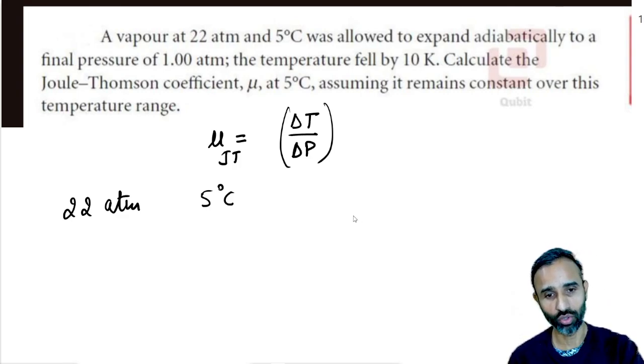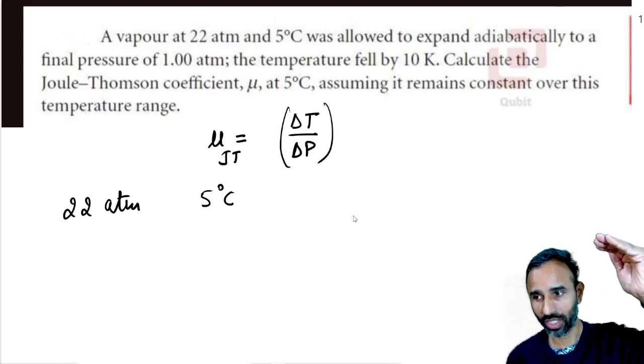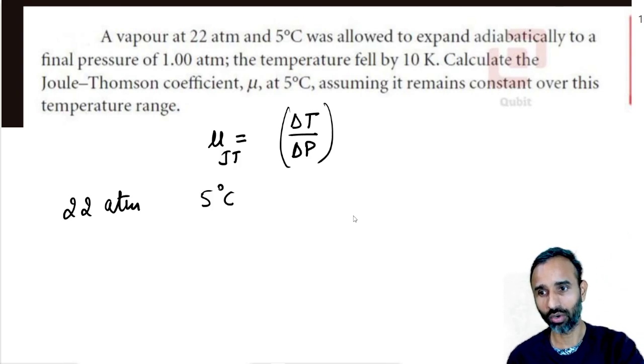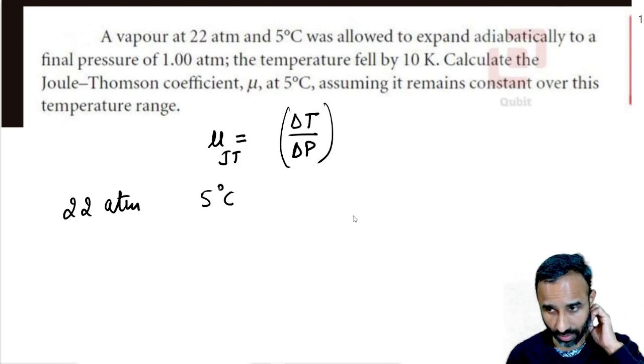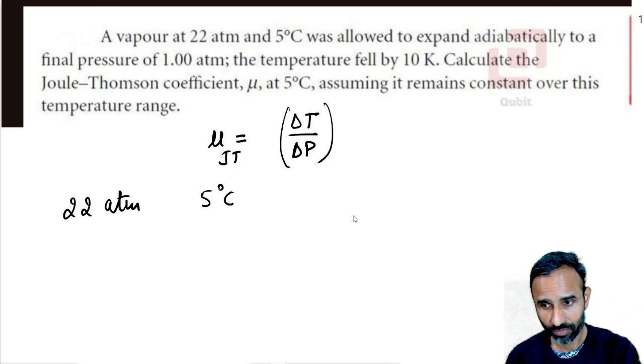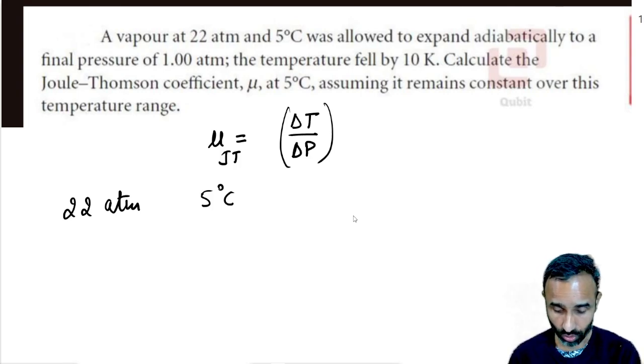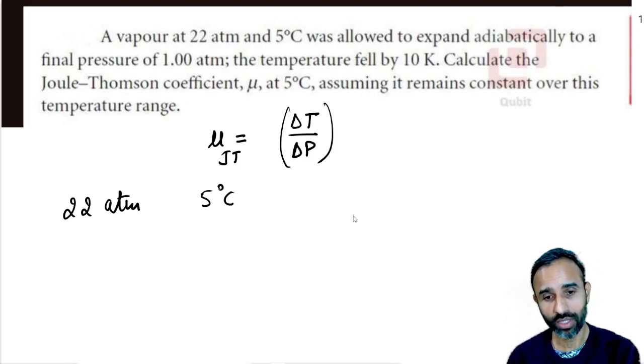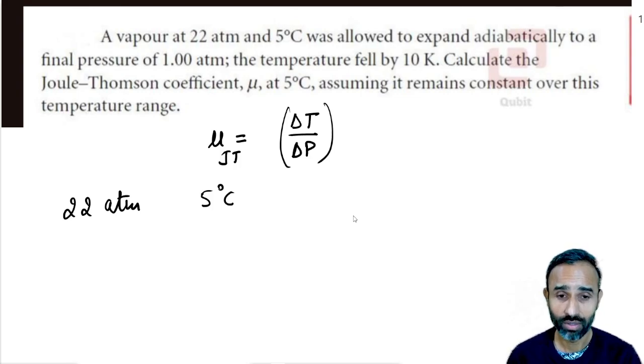When a gas is at high pressure and suddenly it is allowed to expand adiabatically, work is done by the gas, and heat is not supplied, so it will absorb heat from the system itself. Therefore there is a decrease in temperature, and that's why gas can liquefy. So this is the Joule-Thomson effect, and the coefficient is change in temperature divided by change in pressure.